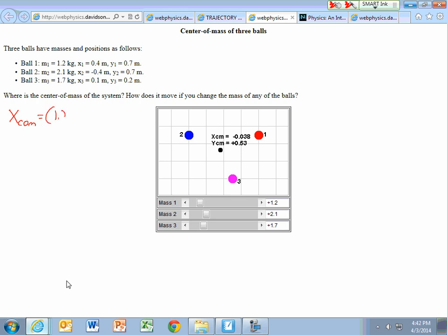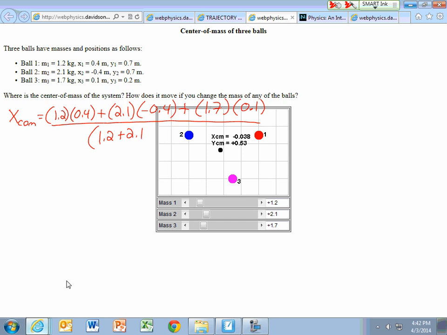So this would be 1.2 times 0.4 plus 2.1 times negative 0.4 plus 1.7 times 0.1, and it would be that whole thing divided by 1.2 plus 2.1 plus 1.7.